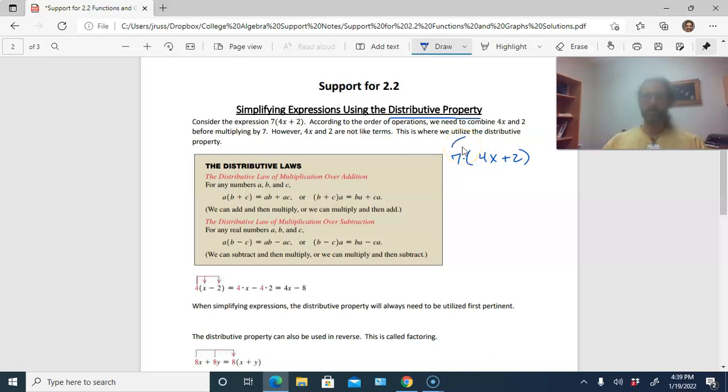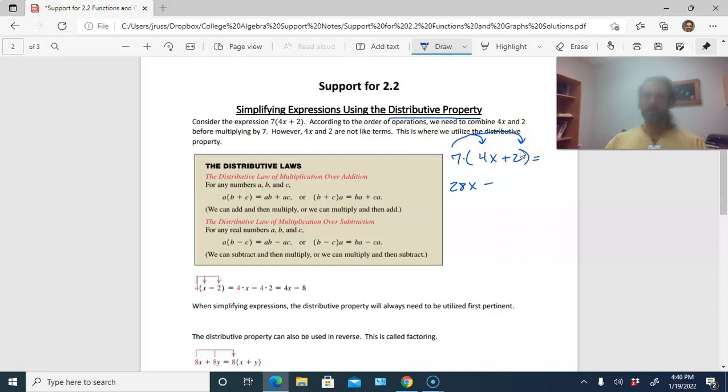So basically what you do is you multiply the 7 to both of those terms. So you say 7 times 4x. When you're multiplying, you just multiply the coefficients. 7 times 4 is 28, and you keep the x. So 28x. And then you multiply the 7 to the 2. And this is a positive 2. So 7 times 2 is positive 14.